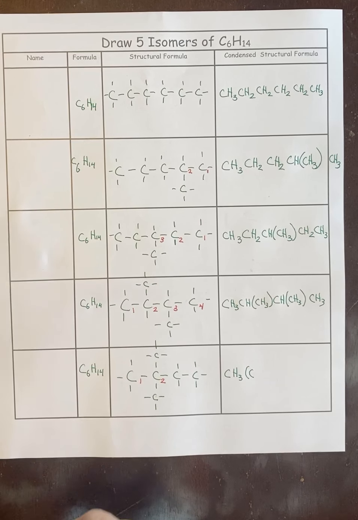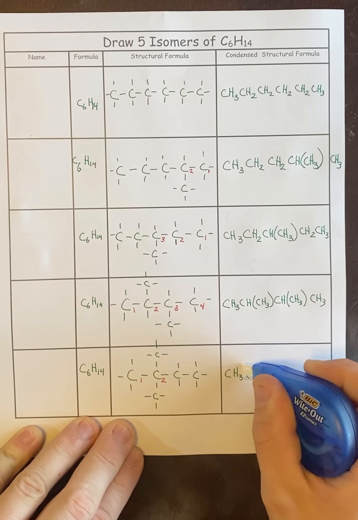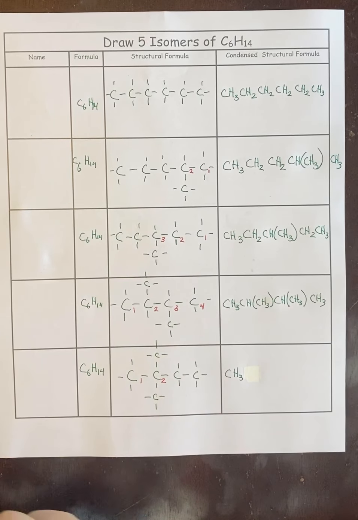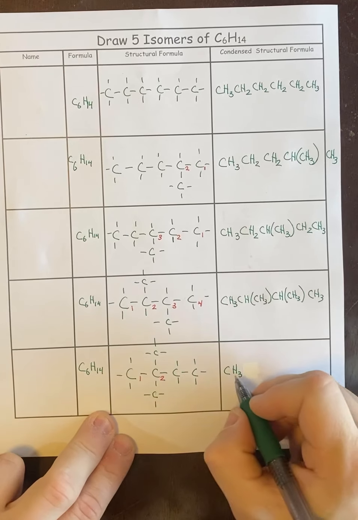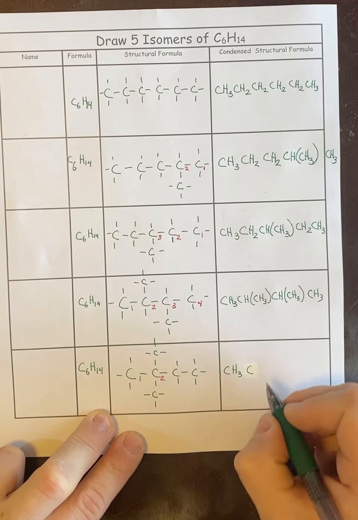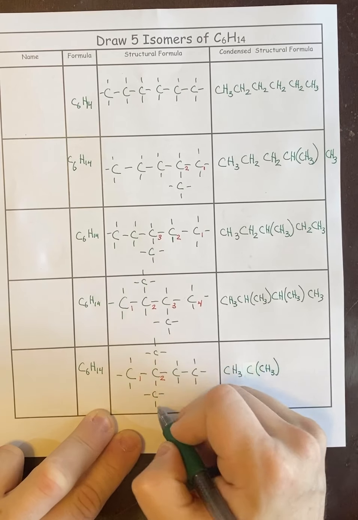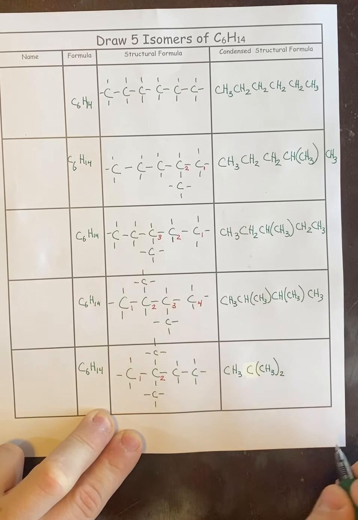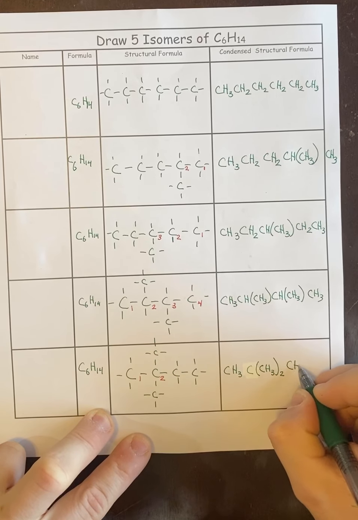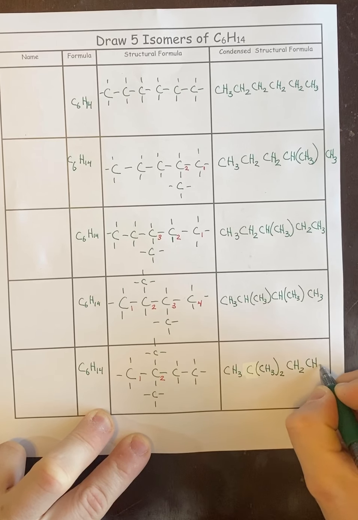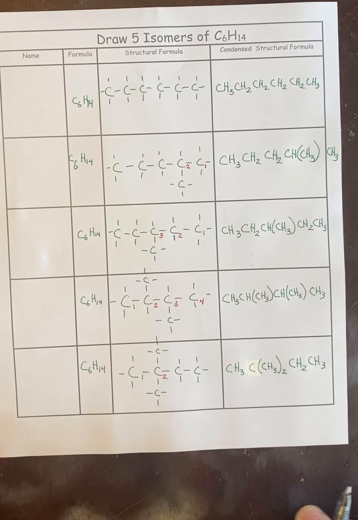Made a mistake. So since carbon 2 has no H's directly connected, we just write the C to represent that one. Then we do our CH3. And since there's 2 identical groups, just put a 2 outside to save time. So there's our condensed formulas.